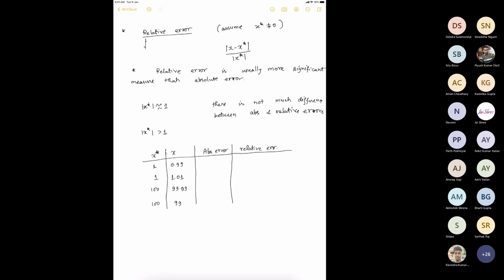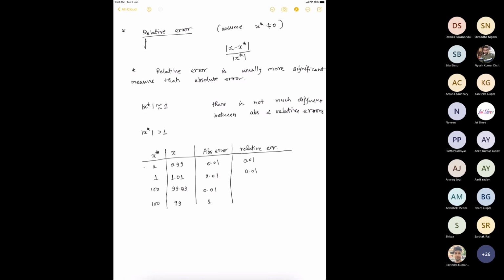Okay, so you can simply take a difference and that will give you the absolute value here. So I'm just going to write the numbers here. This will give you 0.01, 0.01, and this is also going to give you 0.01, and here you will get 1, right? And the relative error, if you compute for the same x and x star, you will get 0.01, 0.01.